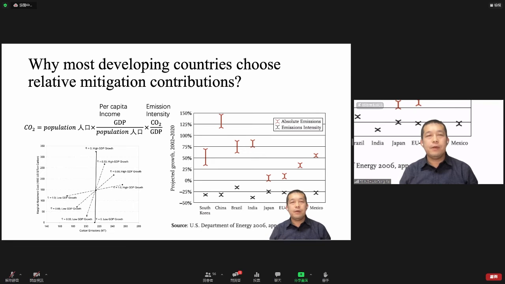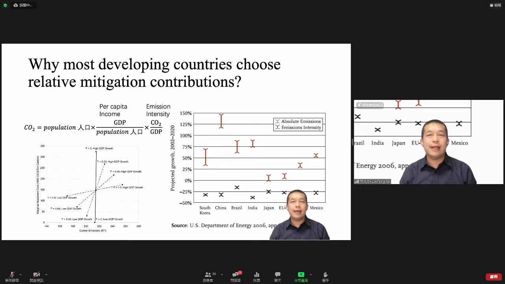But if a developing country commits to an intensity reduction, it can offset this GDP growth rate volatility and reduce the risk on the cost.